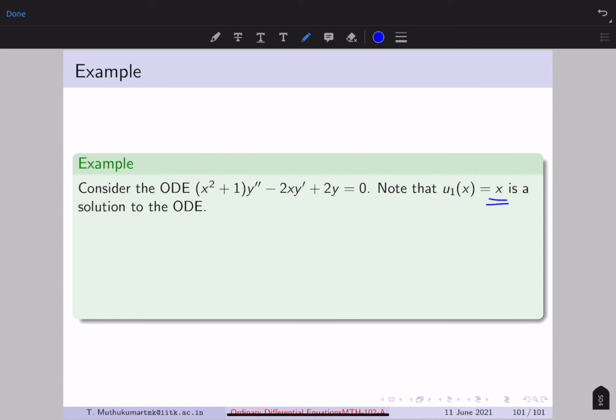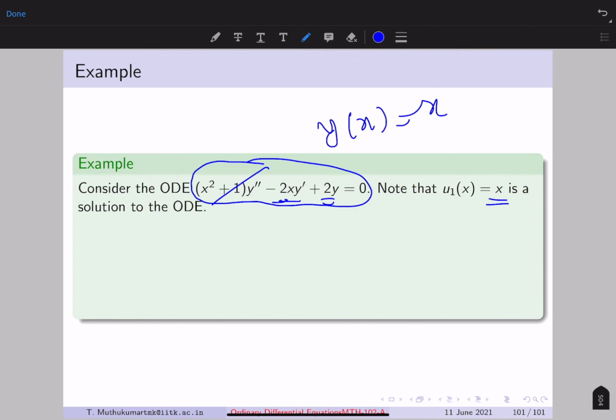If you substitute y equal to x, you can see that it is satisfied, because y double prime is anyway 0, so this term goes off, and y prime is 1, so you get 2x, and y is x, so you get 2x with opposite signs, so it's 0. So x is a solution.